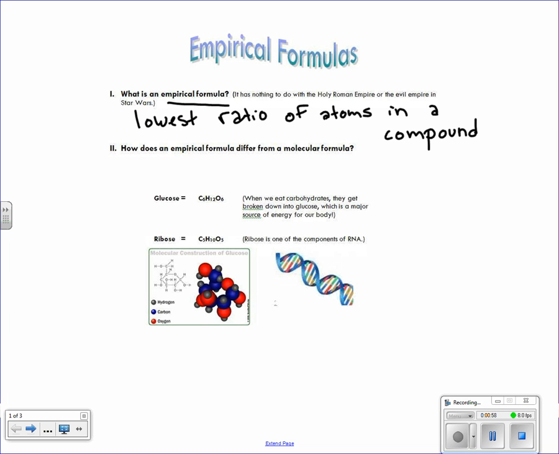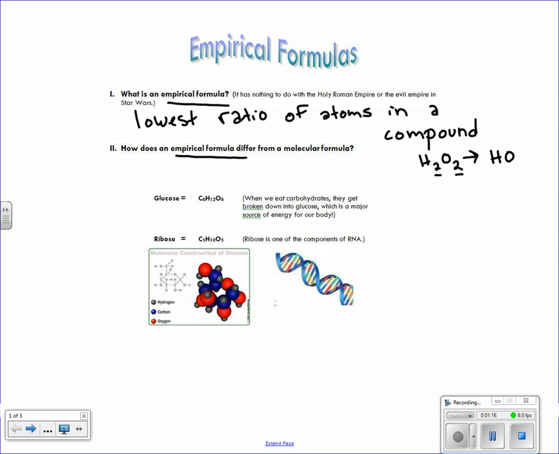For example, something like hydrogen peroxide, H2O2, that's not the lowest ratio. The empirical formula of hydrogen peroxide would just be HO. It's the lowest ratio since they're both divisible by a common factor of 2. So that's what the empirical formula is.